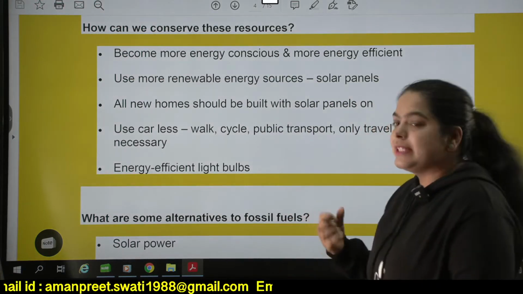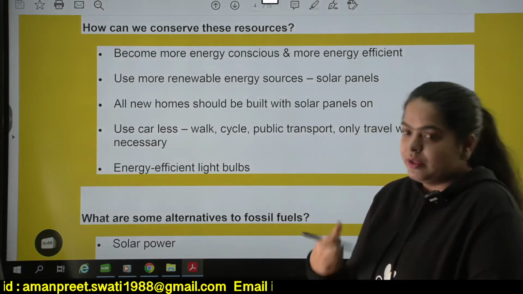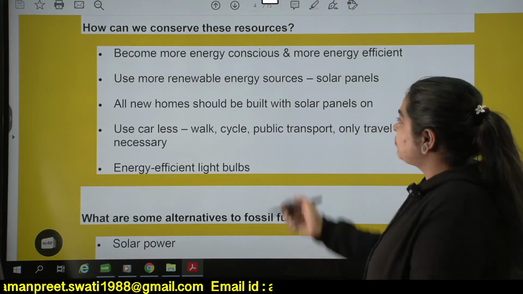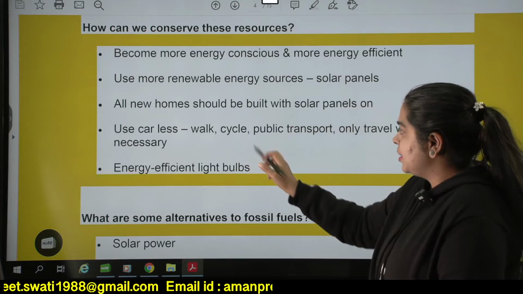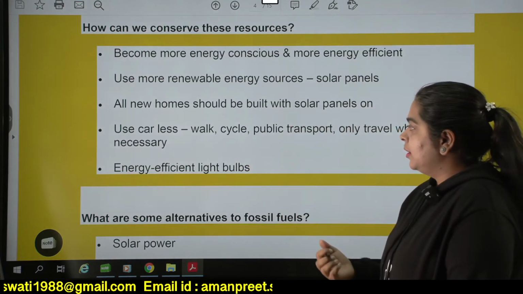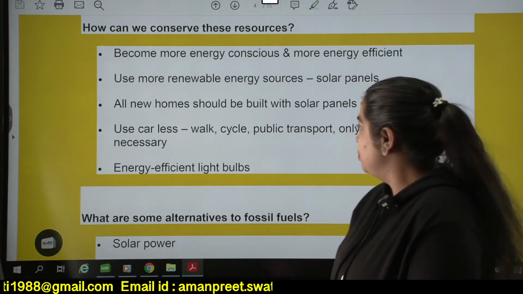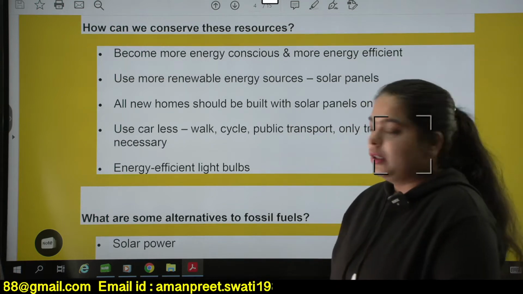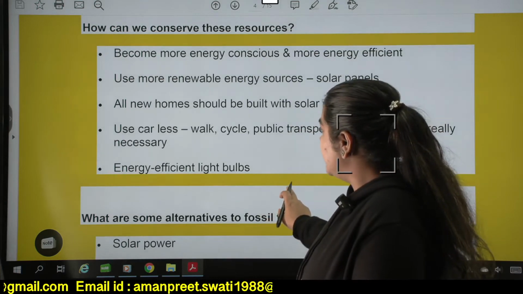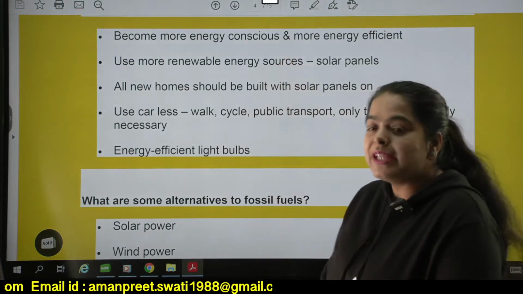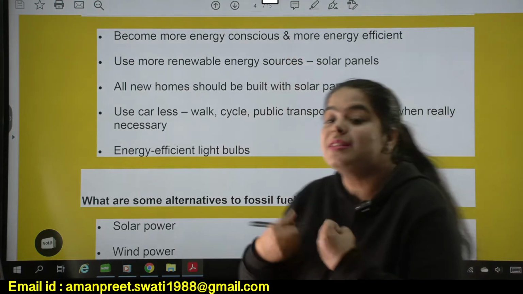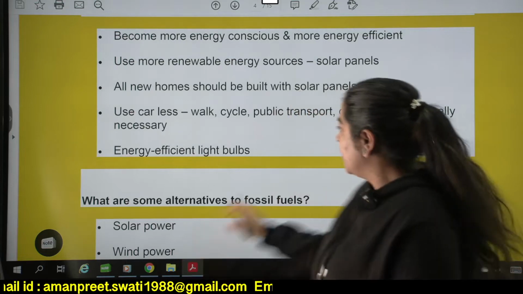Those resources, for example, solar panels, you can generate electricity even from that, right? All new homes should be built with solar panels. Use the car less. You can use other modes of transportation which do not need that many resources. Energy efficient light bulbs. So these are several ways with the help of which we can conserve our resources.